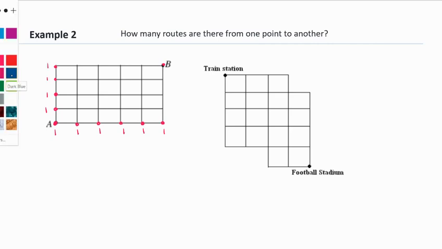Next, I'm going to start using Pascal's triangle, where I calculate the value of the next node by adding what's coming into it. So a 1 and a 1 make a 2. A 2 and a 1 make a 3. A 3 and a 1 make a 4. A 4 and a 1 make a 5.